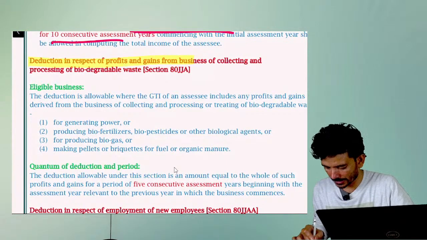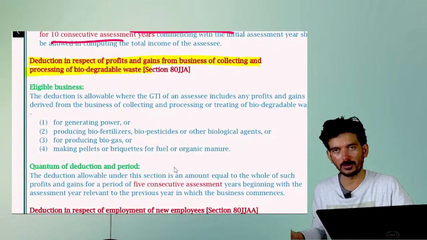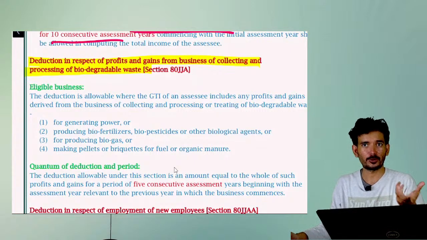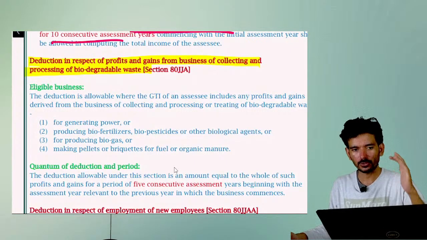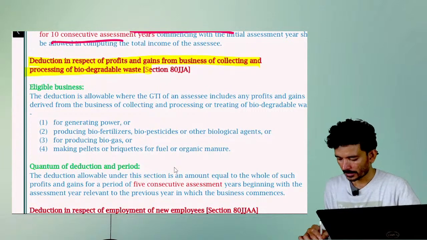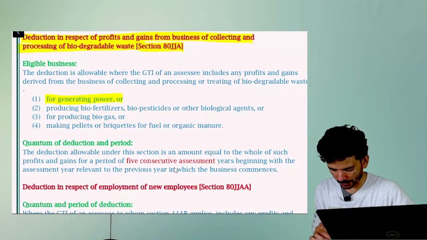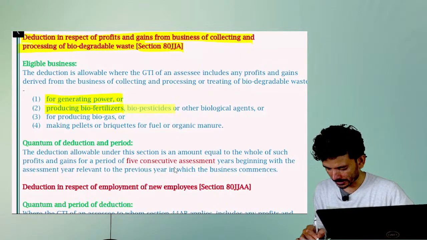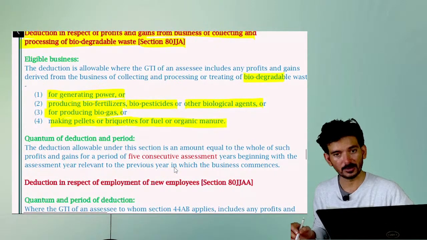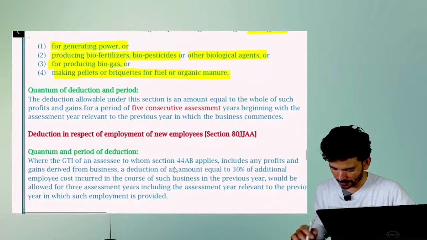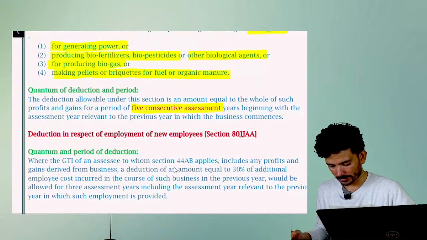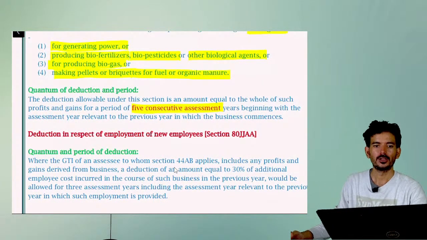Deductions in respect of profits and gains from the business of collecting and processing biodegradable waste. As I said, it is very important, because we are polluting the environment. To make it proper, this provision comes into the picture. If you are generating power, producing biofertilizers, biopesticides or other biological agents, producing biogas, or making pellets or briquettes for fuel or organic manure from biodegradable waste, then you will have this deduction for 5 consecutive assessment years.